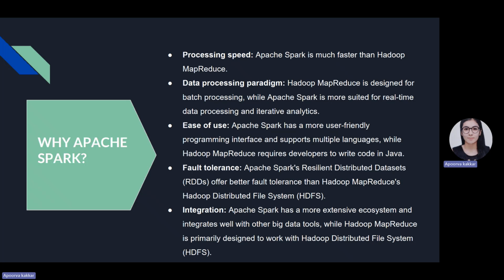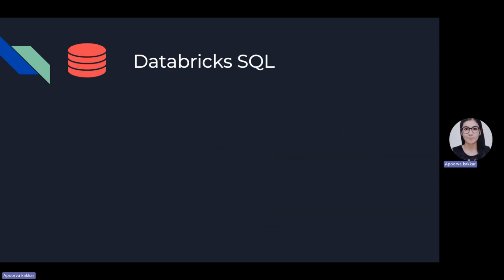And Apache Spark is more fault tolerant as compared to Hadoop MapReduce HDFS. And Apache Spark is a more flexible system as it can integrate with other big data tools, whereas Hadoop MapReduce cannot integrate with different big data tools, but is only designed to work with the Hadoop Distributed File System.